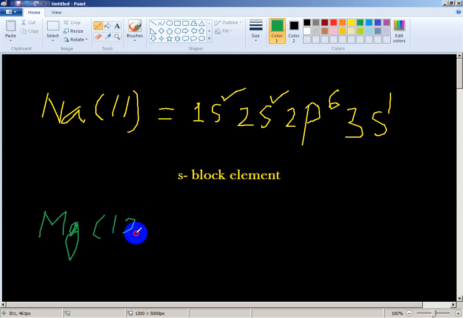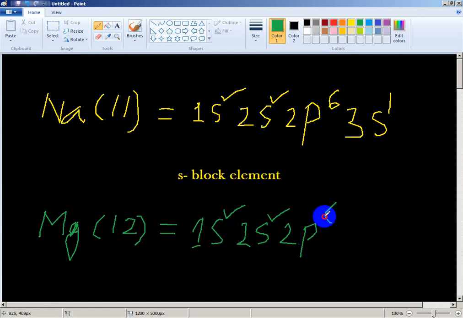So the electronic configuration is 1s2, 2s2, 2p6, 3s2. So is magnesium an s block, p block, or d block element?